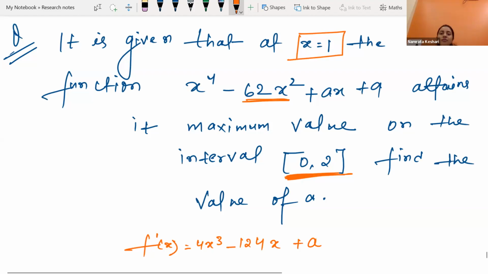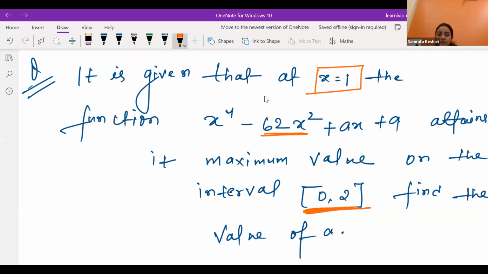Now here it is given that at x equals 1, the function is attaining the maxima or minima value, so the maximum value. What to do after this one? We put f dash x equal to 0.